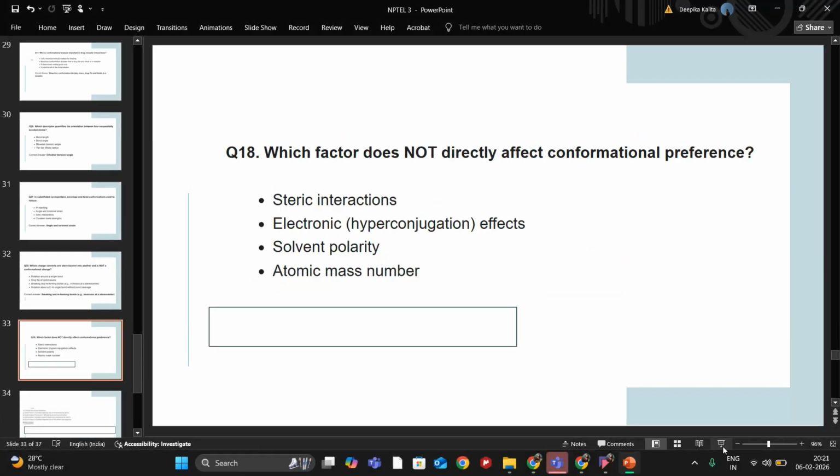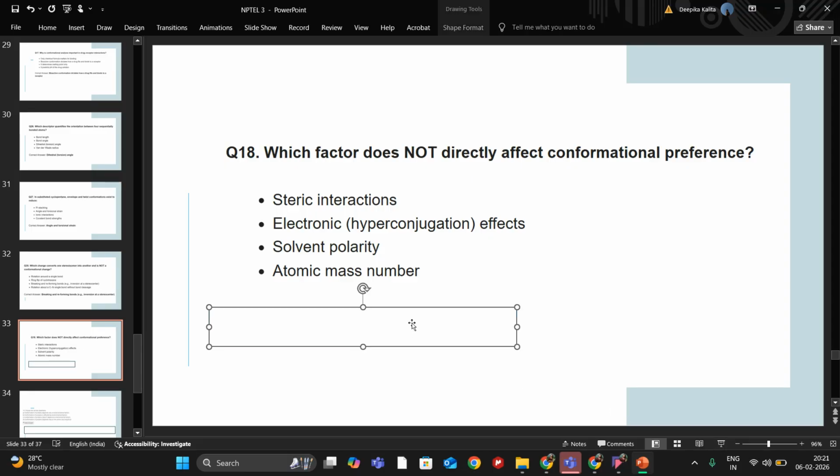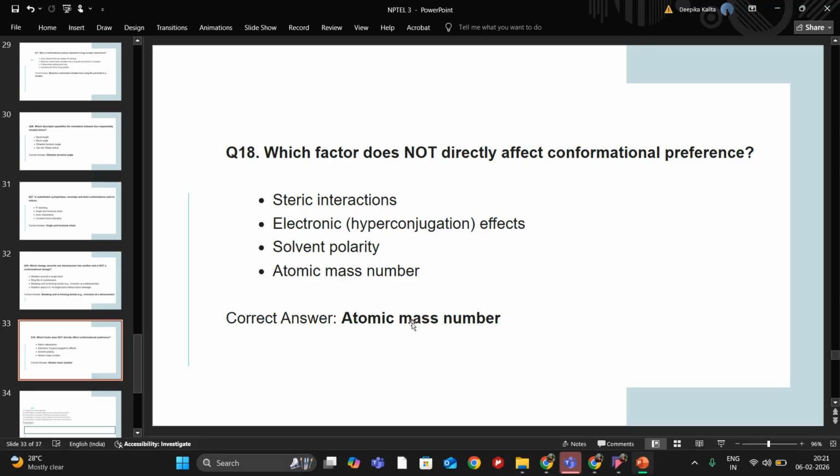And out of these four options, we'll have to choose option D, which is atomic mass number, as the correct option, because it does not have anything to do with conformational preferences. Whereas, as we have seen, certain conformations will be preferred due to steric interactions or electronic effects, like we saw in case of fluoroethanol, or even solvent polarity.